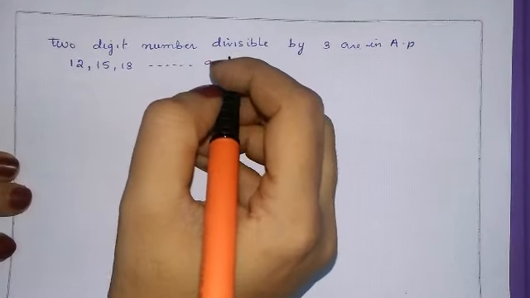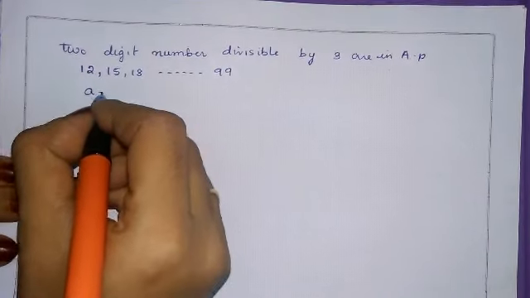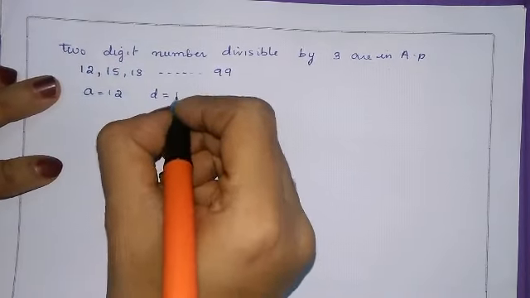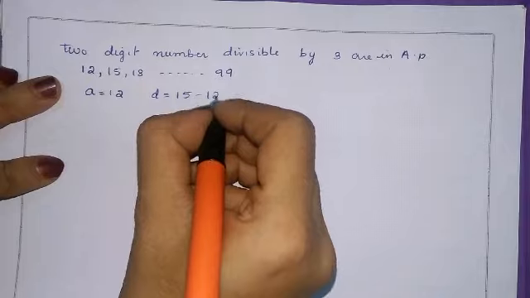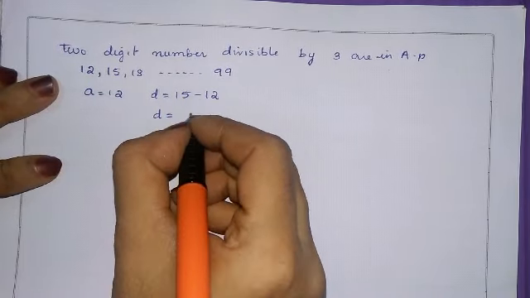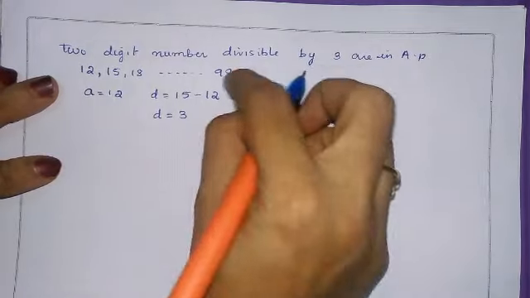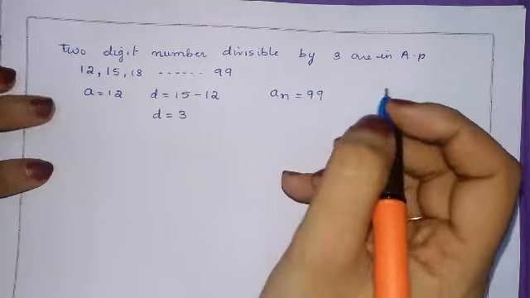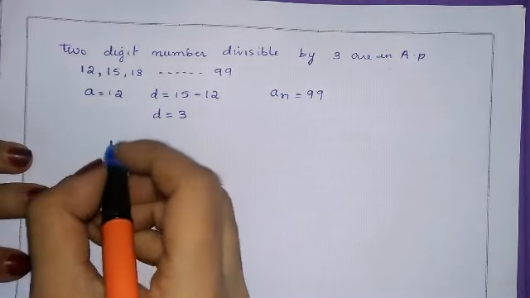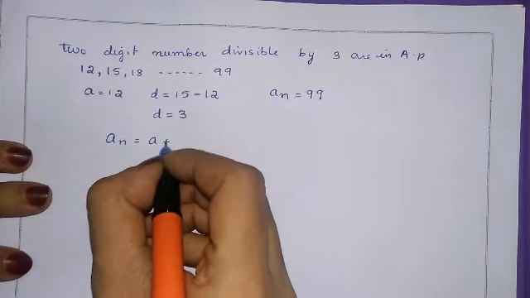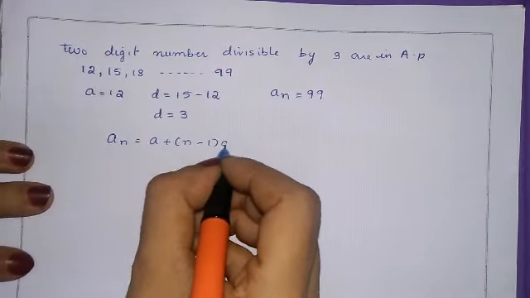So let us see now. a is equal to 12, d is the second term minus the first term, 15 minus 12, which is 3, and the last term is 99. Therefore an is equal to 99. an is equal to a plus n minus 1 d.